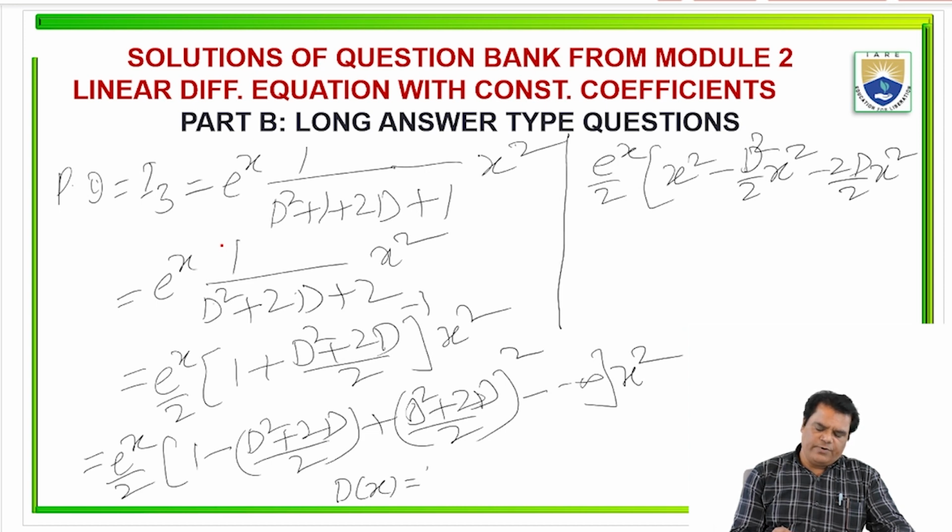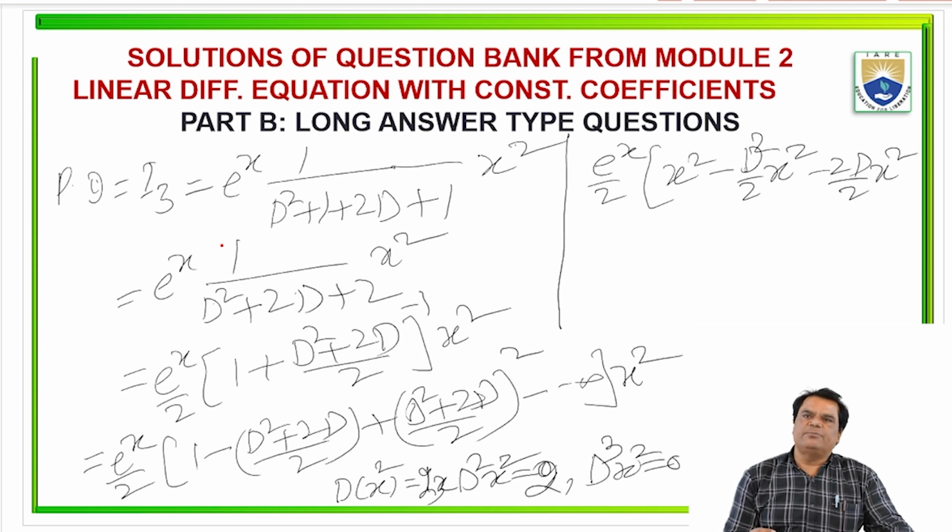D of x is 1, D square of x is 0, D cube of x is 0. D of x square is 2x, D square of x square is 2, and D cube of x square is 0. We apply this formula: D cube, 3 times differential of x square is 0, 2 times differential of x square is 2, and 1 time differential of x square is 2x.